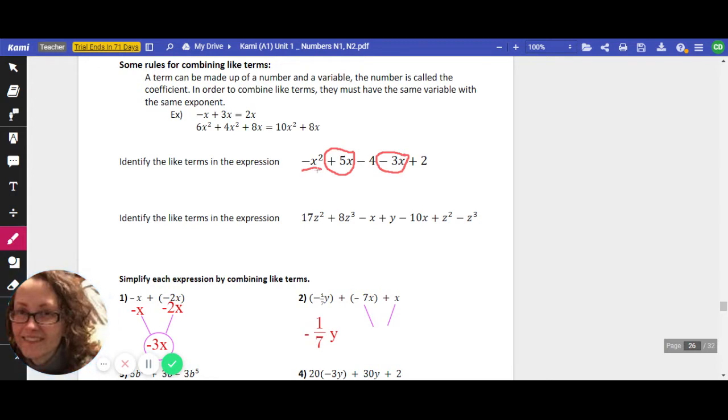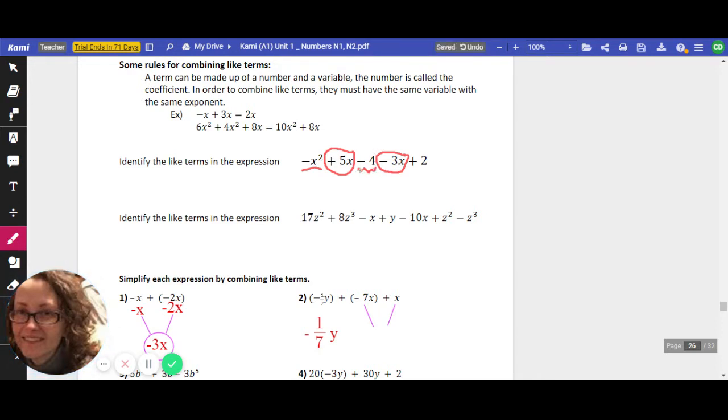So I looked for any of my terms that had x squares. There was just the one. I looked for any of the ones that had just an x. There were two. Now, what do I want to do for this last one? Let's make a little zigzag under it to identify this one doesn't have a variable.